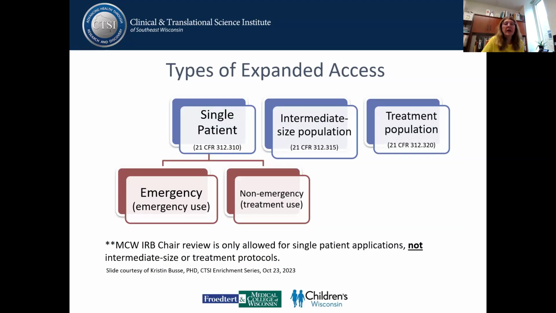So as I said, there are three types of expanded access. There's single patient expanded access, which I'll be talking about, intermediate size, and treatment population. As the terms mention, intermediate size would be multiple patients going through the same protocol.